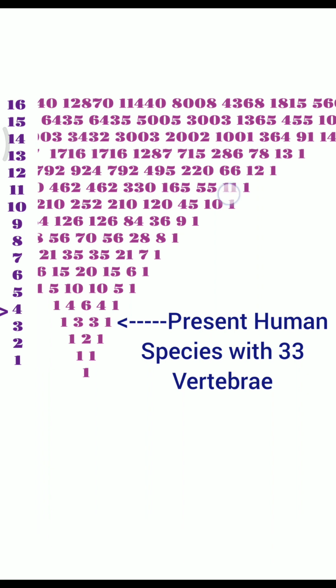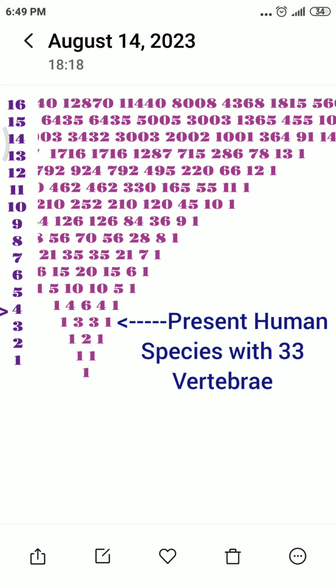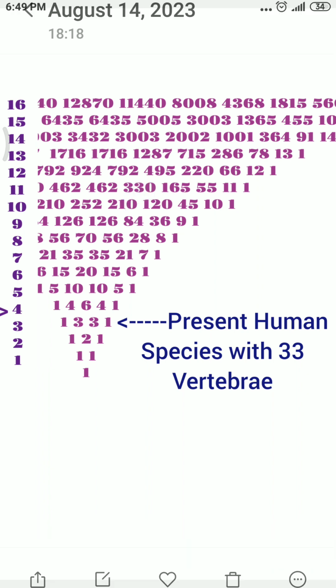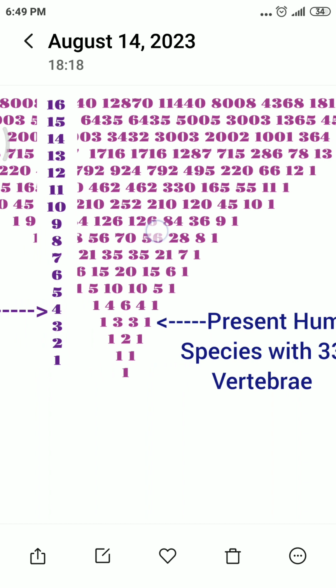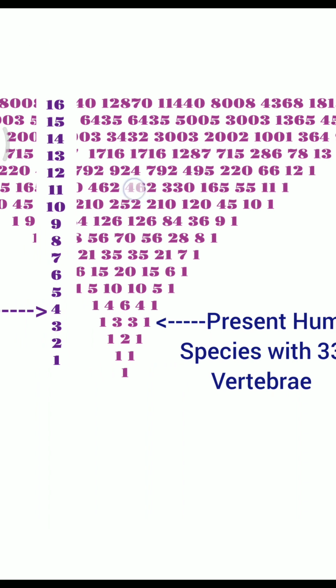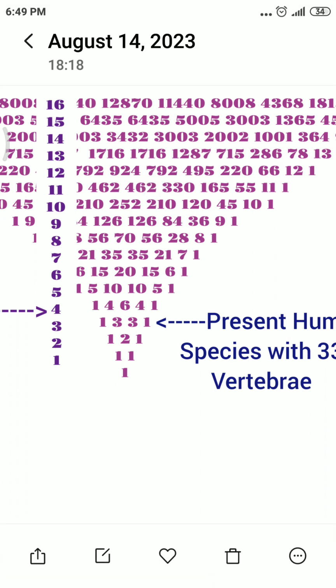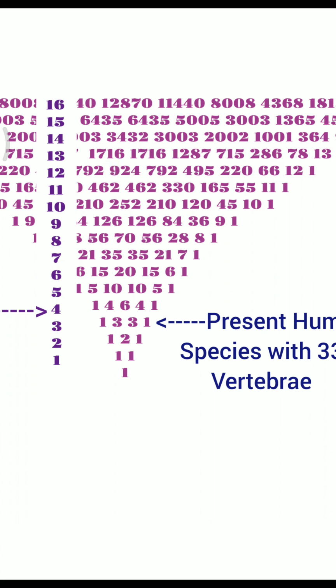And this 11 threes, 33, is here, you see 330 you have, and you have 462, that is 23 chromosomes, twice 23 chromosomes. 23 into 2 is 46, so 46 chromosomes. In the other video I explained here you have pairs.